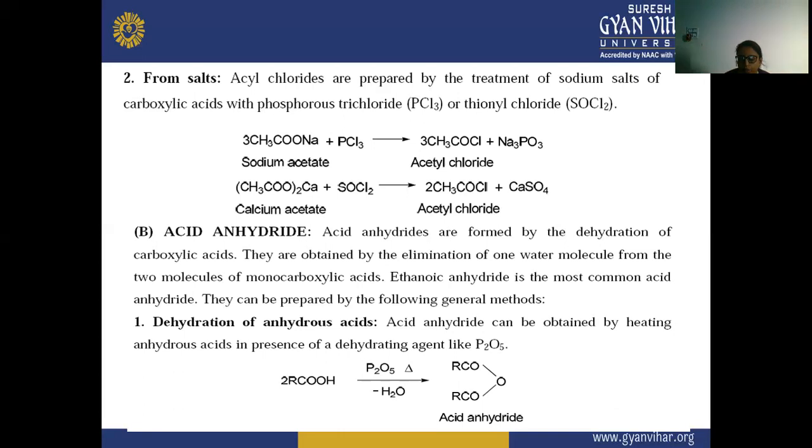Acid anhydrides can be prepared by the following general method, the dehydration of acids. An acid anhydride can be obtained by heating the acids in the presence of a dehydrating agent like phosphorus pentoxide, that is P2O5.